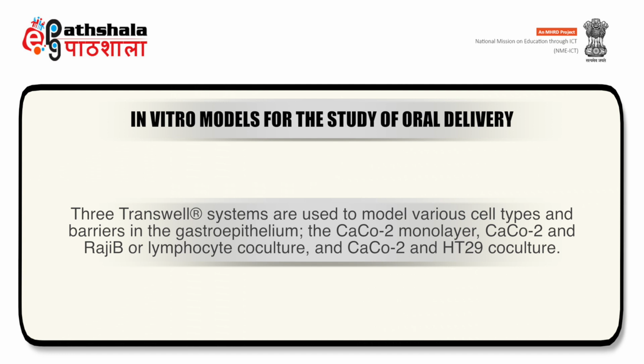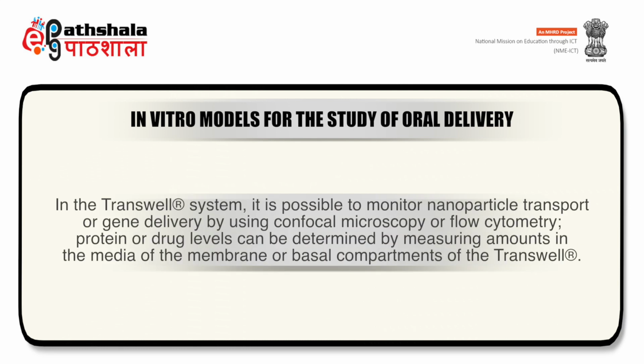Three Transwell systems are used to model various cell types and barriers in the gastroepithelium: the Caco-2 monolayer, the Caco-2 and Raji B or lymphocyte co-culture, and the Caco-2 and HT29 co-culture. In the Transwell system, it is possible to monitor nanoparticle transport or gene delivery by using confocal microscopy or flow cytometry.